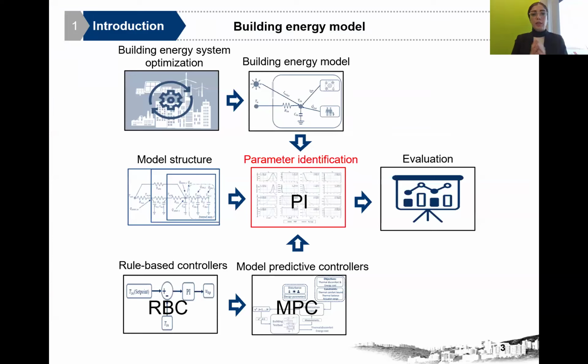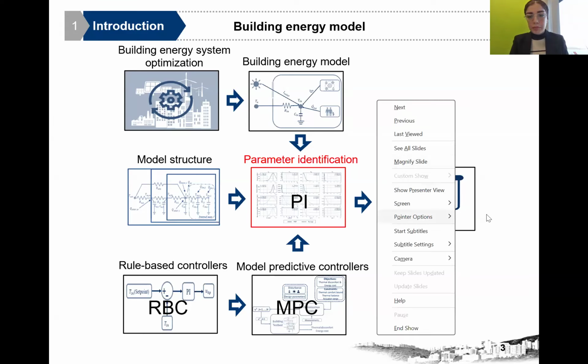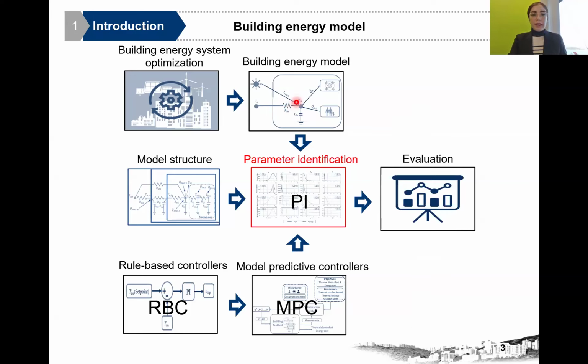In order to reach this goal, we need to have reliable building energy models. And after selecting the structure of the model, for example, data-driven black box models, semi-physical gray box models, or physics-based white box models, since we can interpret the thermal dynamics of the building with a gray box model, and they don't need lots of training data, they are preferred especially for control purposes.